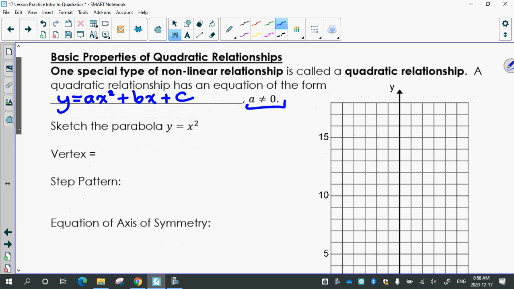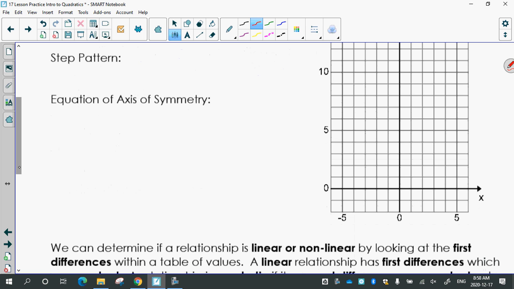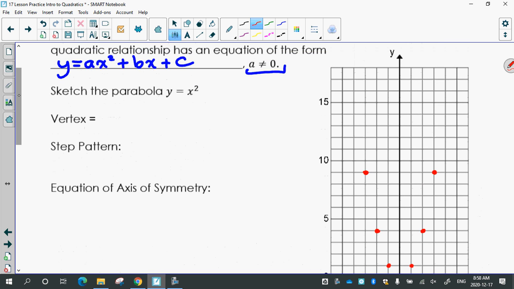Sketch the parabola, see if you can do it from memory. So the vertex is 0, 0. Step pattern from the vertex, over 1, up 1 on both sides. Then from your next point, over 1, up 3 on both sides. From this point, over 1, up 5 on both sides. And can we fit the 7 in? Nice.